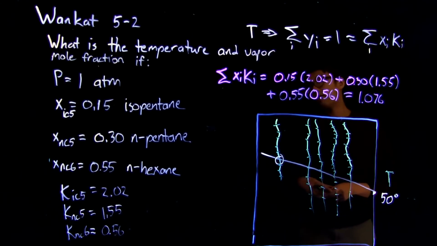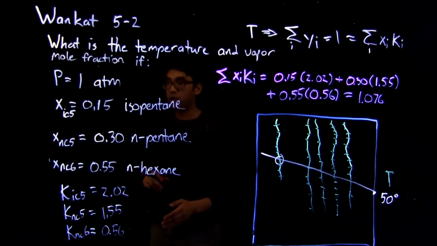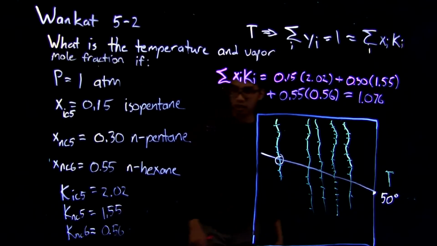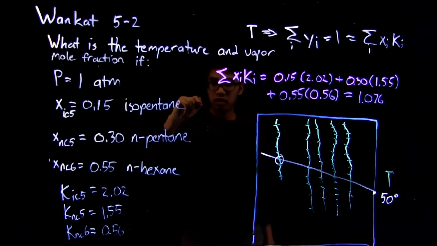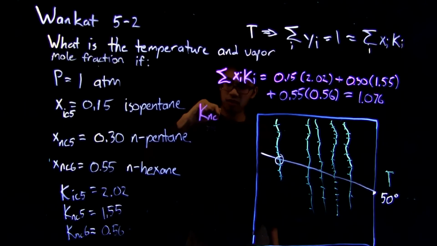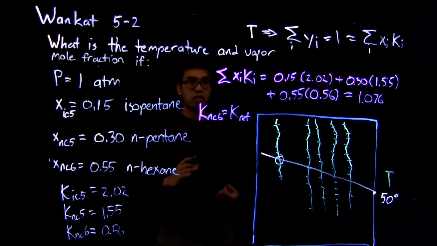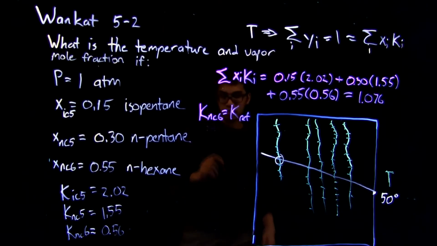The reference value is just going to be the K value of the most abundant component. In this case it would be n-hexane. So we're going to take K_nC6 and use that as our K_ref. To converge our system, we're going to update our reference K value. How is this going to work?